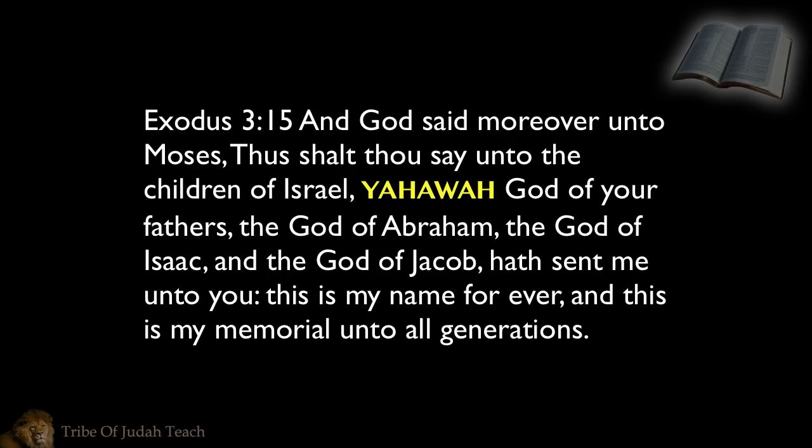Now, he clearly just said that his name was Yahweh. Let's see what he said next. It says, this is my name forever. What name is he talking about? Yahweh. He didn't say that about Ehyeh. He said Yahweh. This is my name forever.